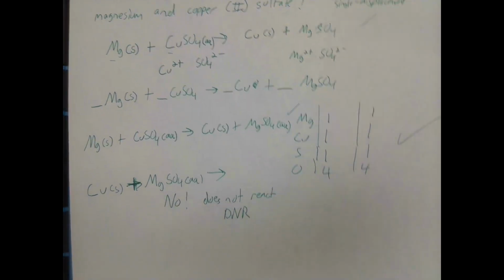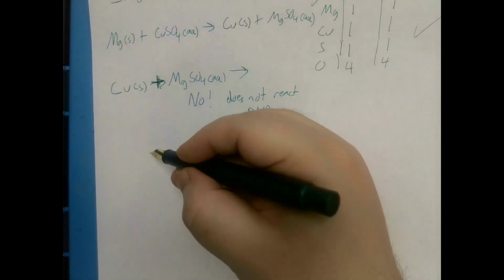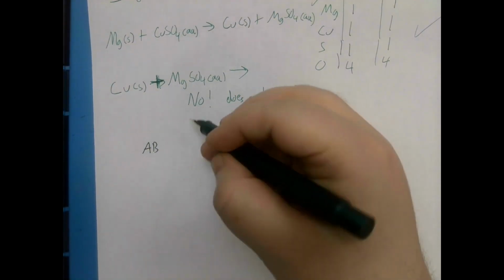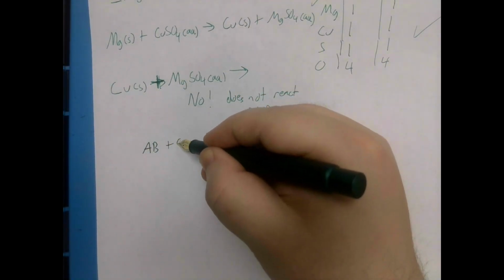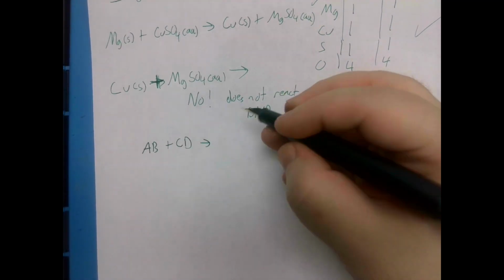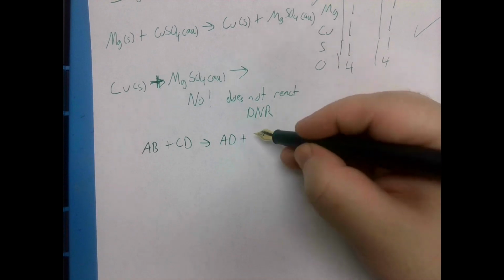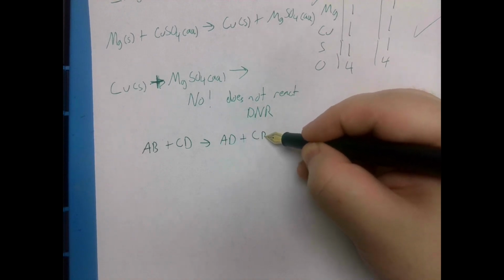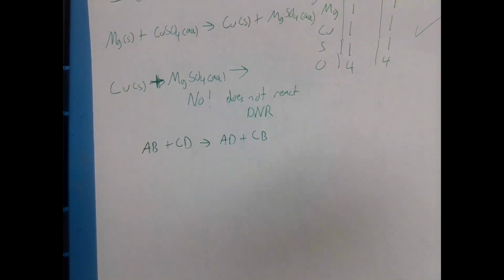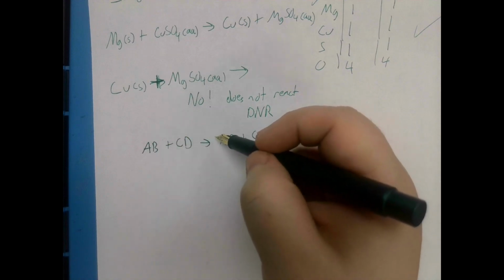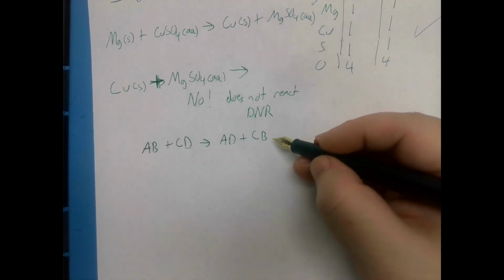But let's look at a double displacement experiment. We have some AB plus CD and A with D plus C with B. It is possible that it only goes this way usually if one of these is solid.